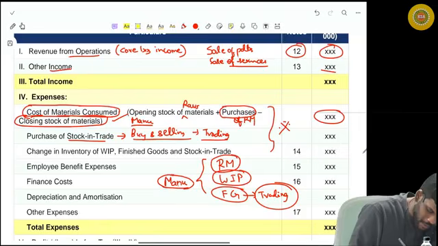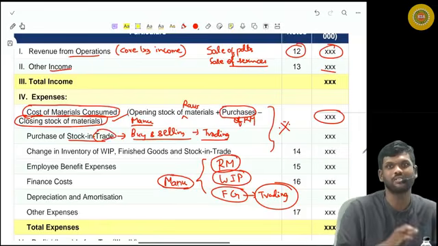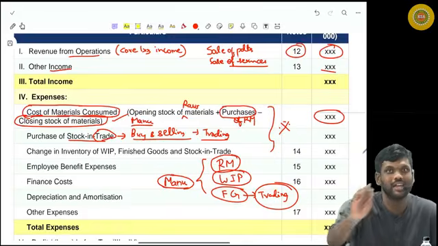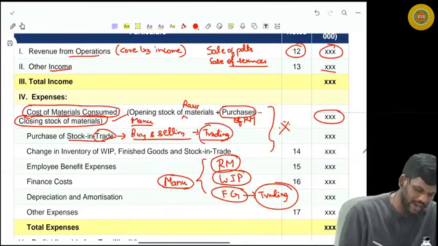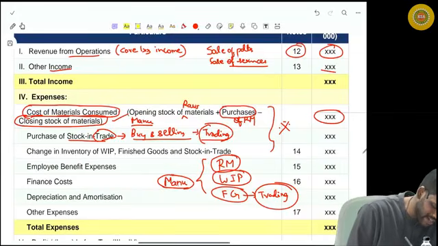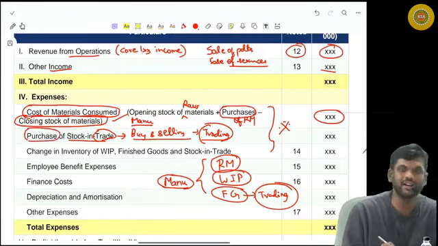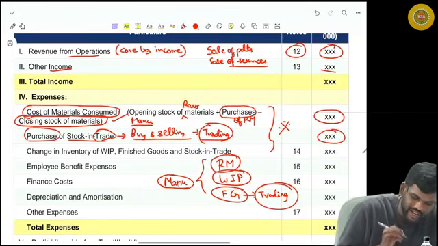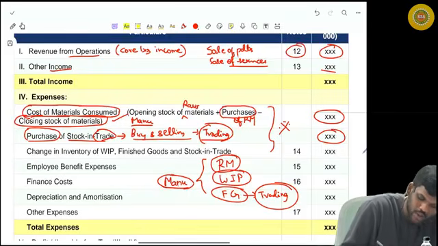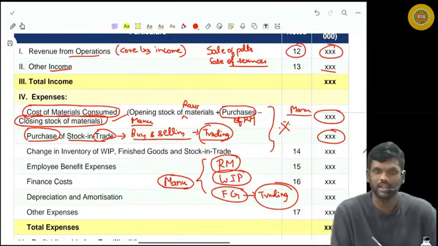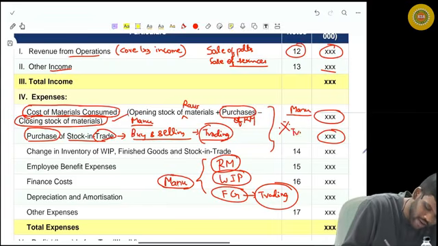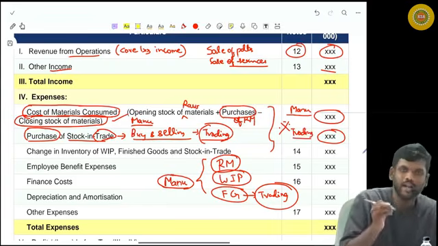That is why it is in the name also: stock in trade. That means you are just buying, selling, not doing any processing. So this will come only in a trading company. Whatever stock in trade you have purchased, you will put under purchase of stock in trade. Guys, remember, the first one, cost of materials consumed, will come only in a manufacturing company. This purchase of stock in trade will come only in a trading company.